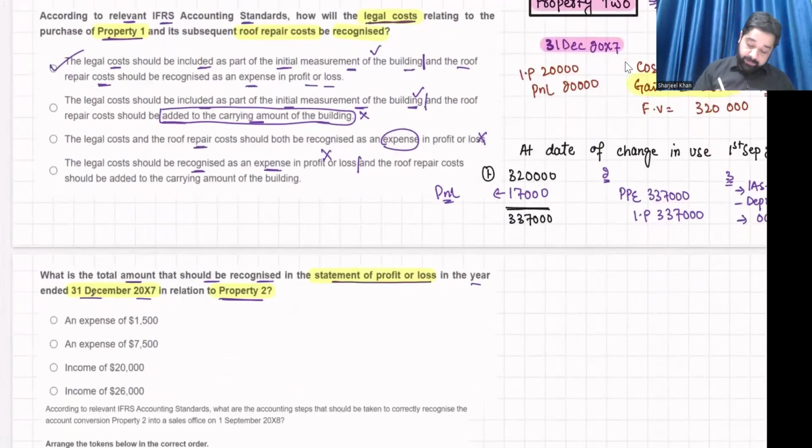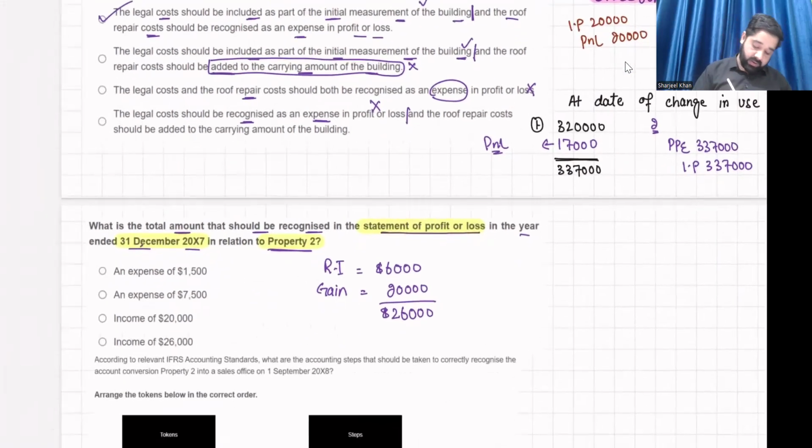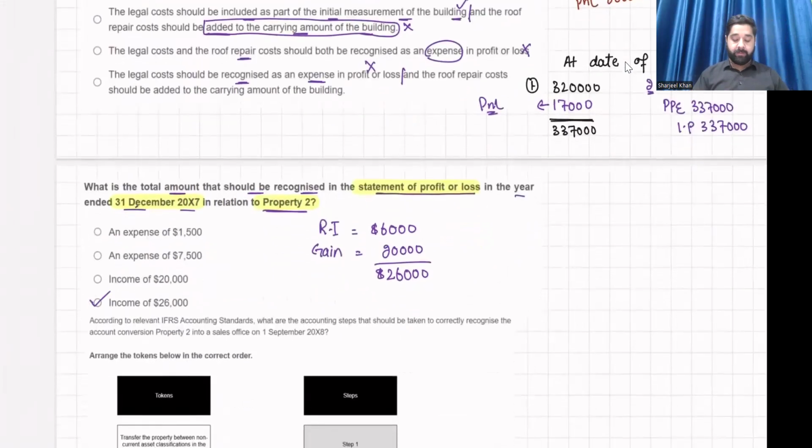So a rental income of $6,000 and a gain of $20,000. So a total income of $26,000 should be recognized in the statement of profit or loss. Option D.